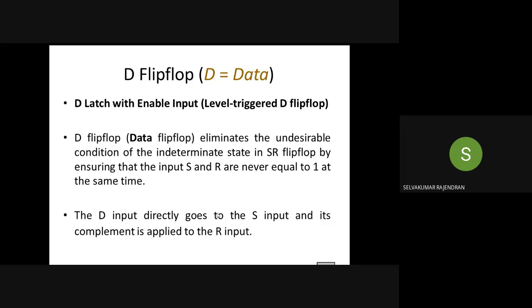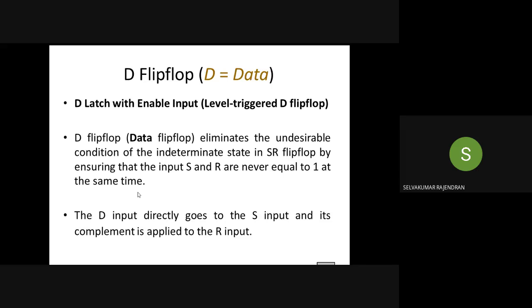So to avoid that invalid or indeterminate state of the SR flip-flop, we are going for the D type flip-flop. Here we use complementary input signals: to avoid S equal to 1 and R equal to 1, we provide complementary inputs to S and R.